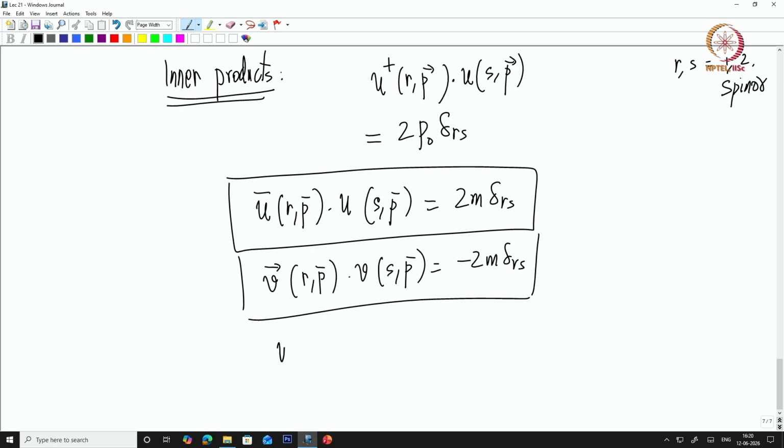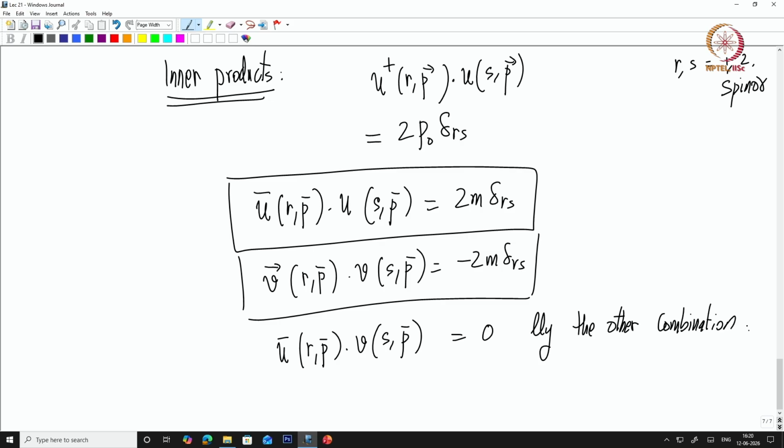So, u bar r p times v of s p is equal to 0; u bar dot v is nothing but 0. Similarly, u dagger v and v dagger u are also 0, and so on. So, they are orthonormal to each other. These are sometimes called the orthonormality conditions.